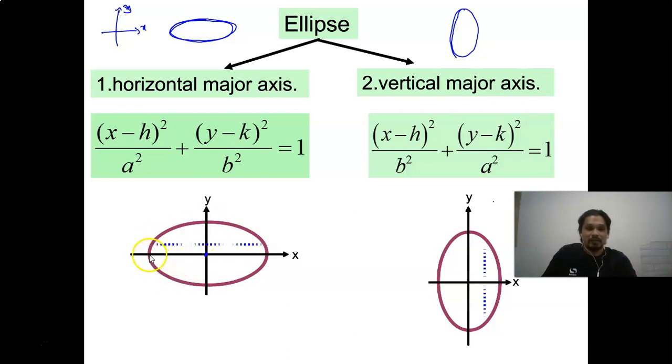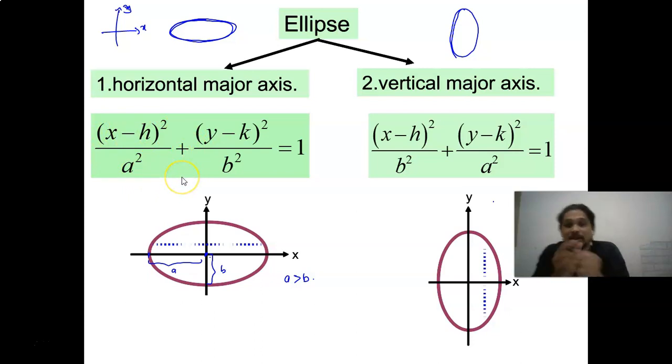The distance from this point to here is A, and to here is B, and according to this, we can say that A is greater than B. Look at this A: A is the major for the x-axis, so x minus h, divided by A squared.